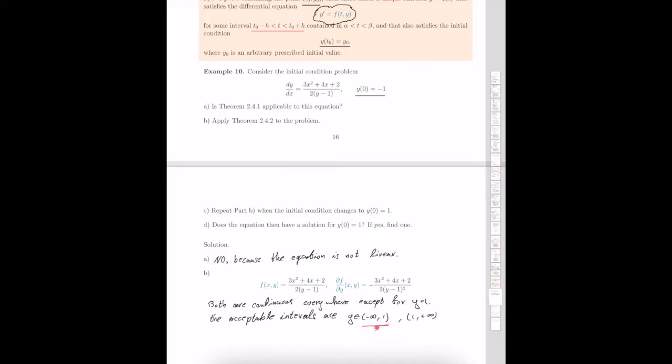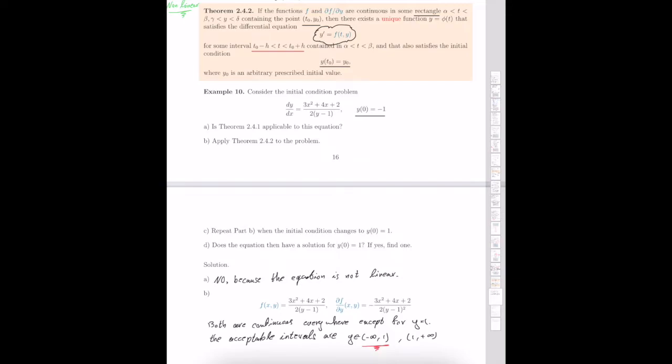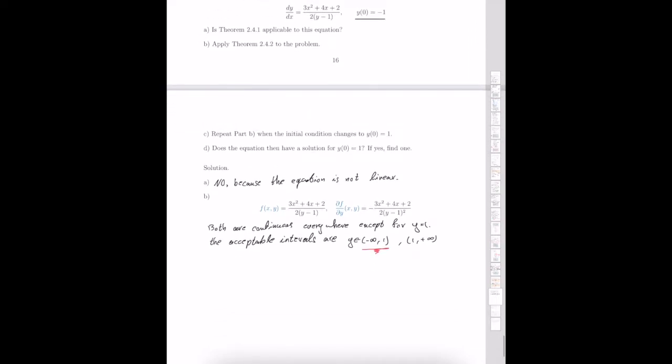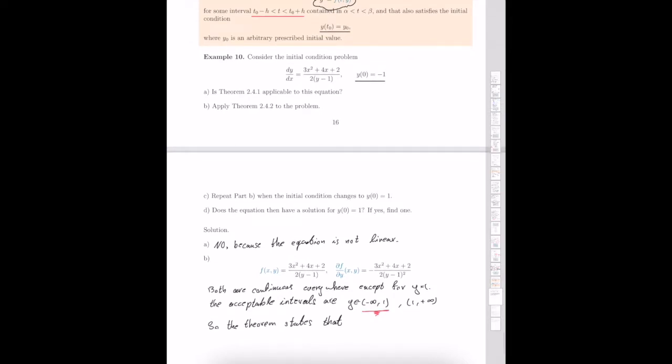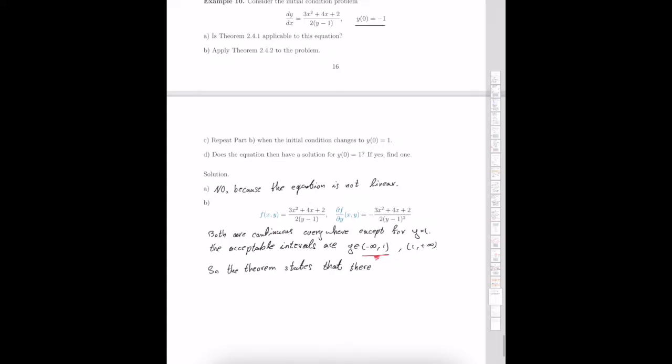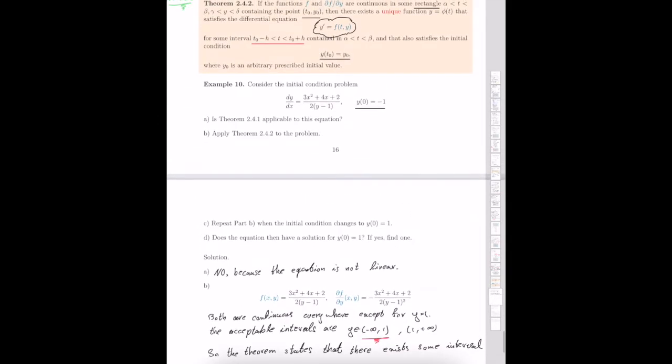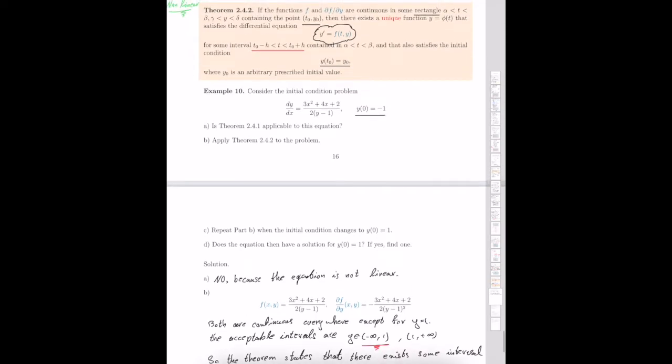Now, for this interval, the theorem states that because I have found an interval where the initial condition lies, the theorem states that there exists some interval for x around the point x0, my initial condition.